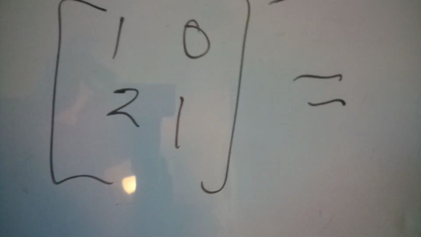What that means is that we have this square matrix 1, 0, 2, 1, taking 3 factors of that square matrix. We multiply it by itself 3 factors, and what do we get? Well, the result is, for this example, matrix 1, 0, 6, 1.